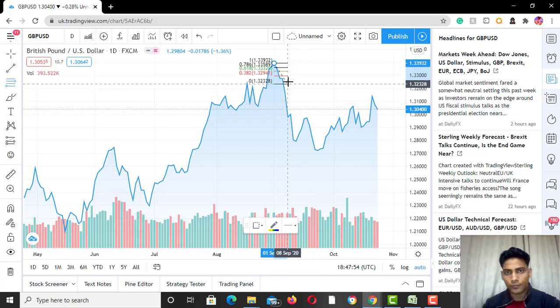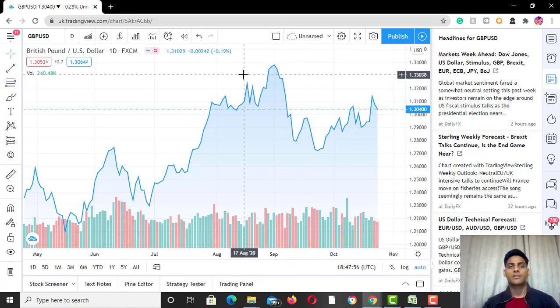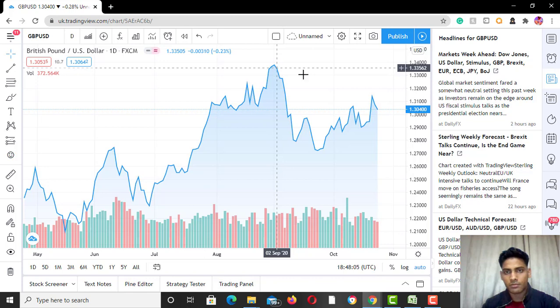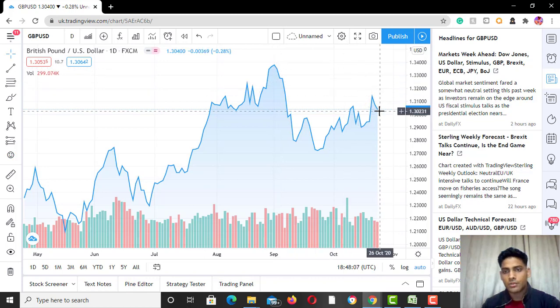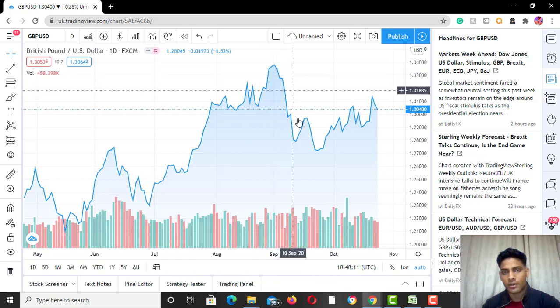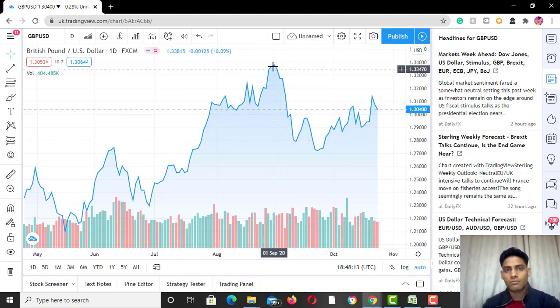But first of all we need to find a trend. That's really important. So you can see GBP/USD, there's a trend now. From 2nd of September until 26th of October, you can clearly see guys that it looks like a trend. So when it's a trend, I said we always go high to low.